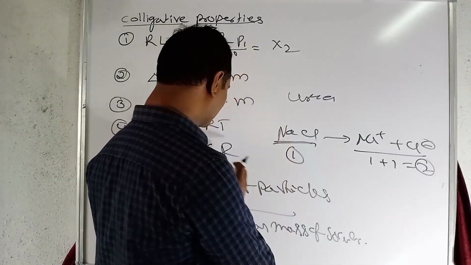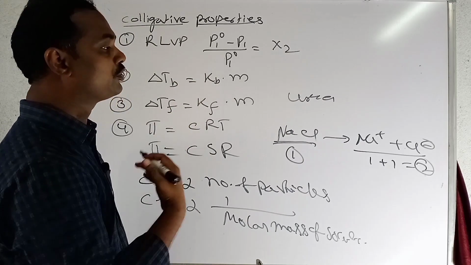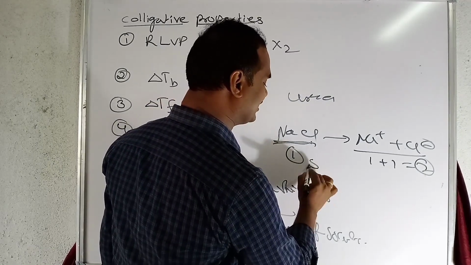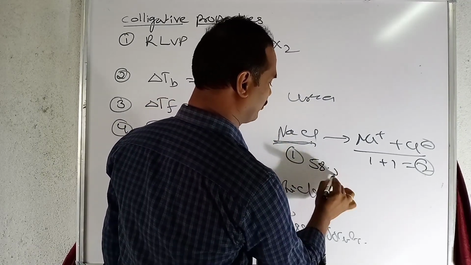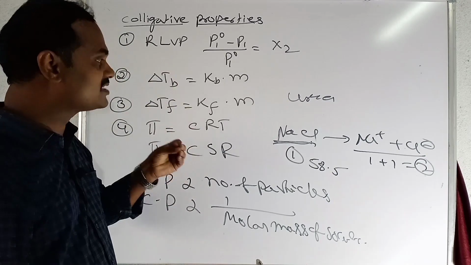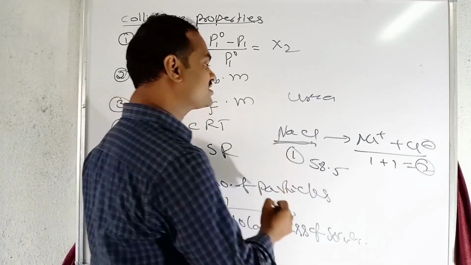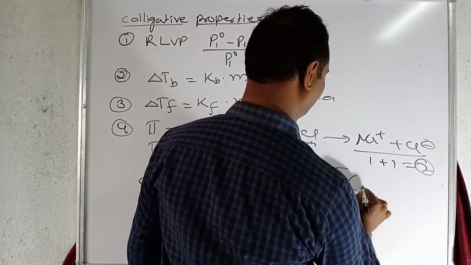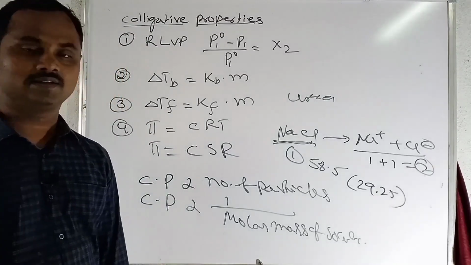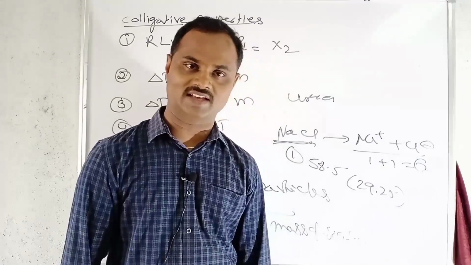If you use these formulas to calculate the molar mass of NaCl, the actual molar mass is 58.5, but by using the colligative property we get 29.25. This we call abnormal molecular mass.